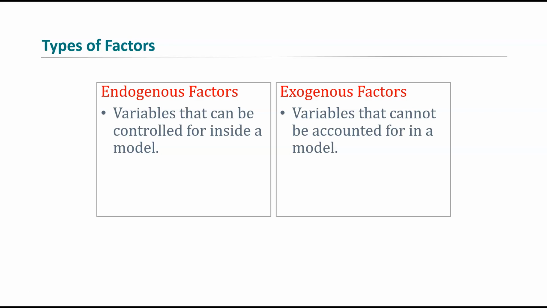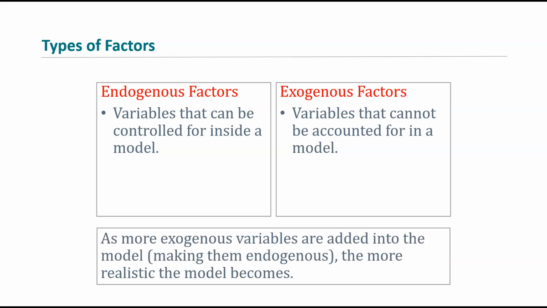So you want to be sure that you include all the endogenous factors that are important, but you want to leave out exogenous factors, variables that can't be accounted for or that you just don't want to account for because they're so small in their ability to affect your outcome variable. The more variables you have in your model, the more realistic the model becomes, which is a trade-off, because the more realistic your model is, the harder it is to use, right?